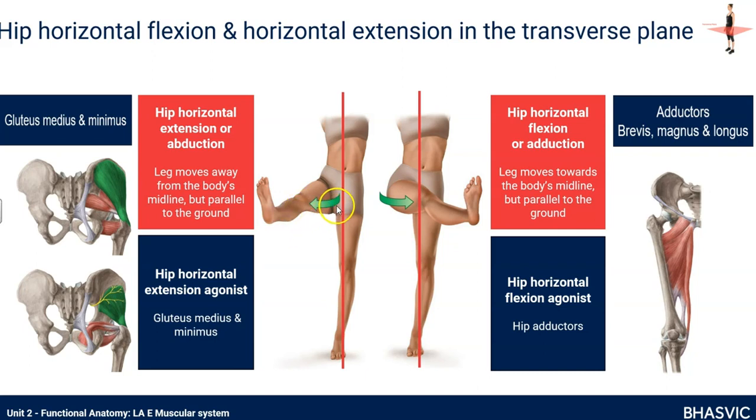So horizontal extension is movement away from the body's midline, but parallel to the ground. Horizontal flexion is movement towards or across the body, but parallel to the ground. And the adductors and the gluteus medius and minimus are the similar muscles that would cause this movement.